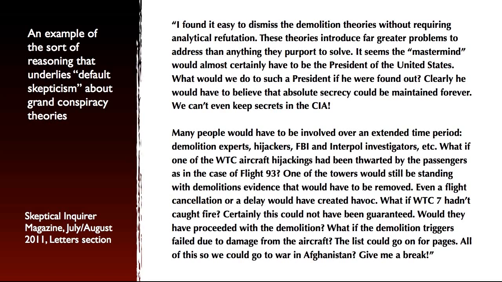We can't even keep secrets in the CIA. Many people would have to be involved over an extended time period: demolition experts, hijackers, FBI and Interpol agents, etc. What if one of the WTC aircraft hijackings had been thwarted by the passengers, as in the case of Flight 93? One of the towers would still be standing, with demolition evidence that would have to be removed. Even a flight cancellation or a delay would have created havoc.